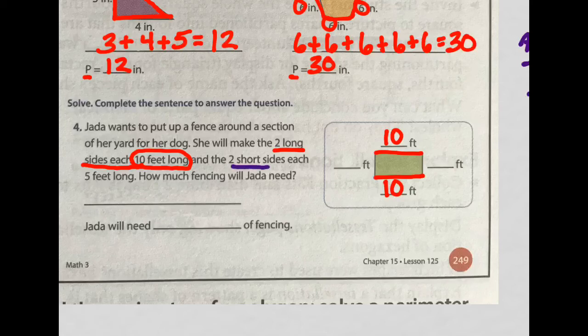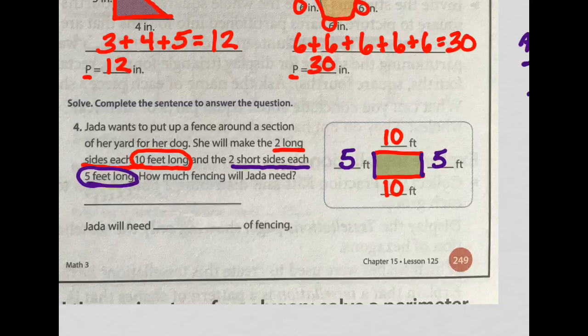The 2 short sides each are going to be 5 feet long. So we're going to do the 2 short sides, 5 feet long. Okay, so do you remember what we do to figure this out? You're right. We add the sides together.